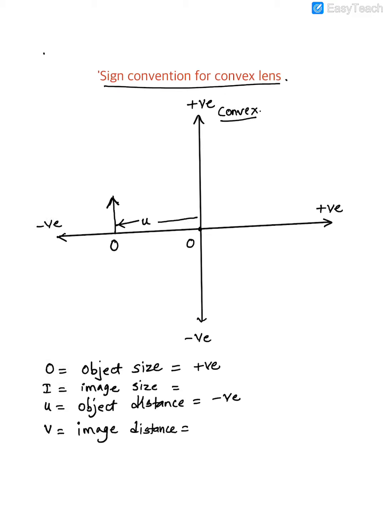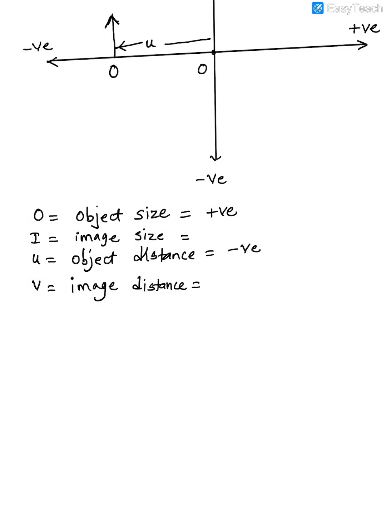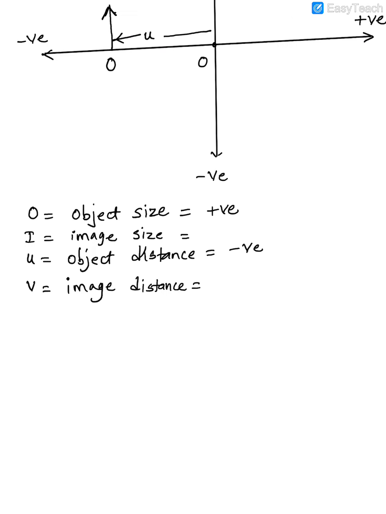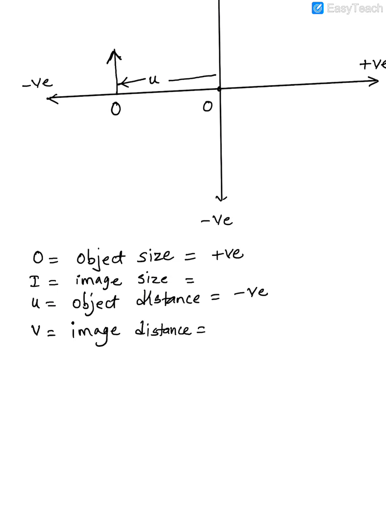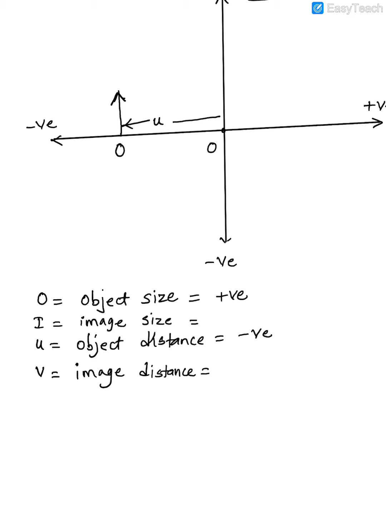Okay. Now guys, next thing. Now we are done with O, I, U, V, and the next thing is F. Whenever we write F, F means focal length. We always talk about the principal focal length.